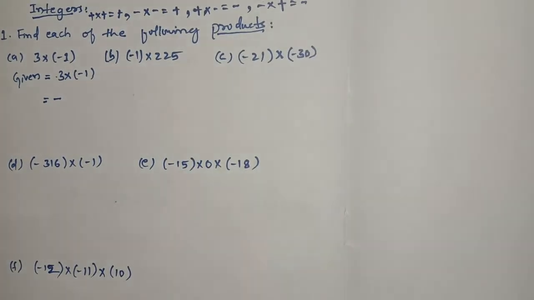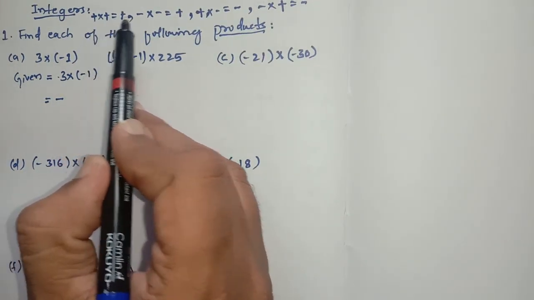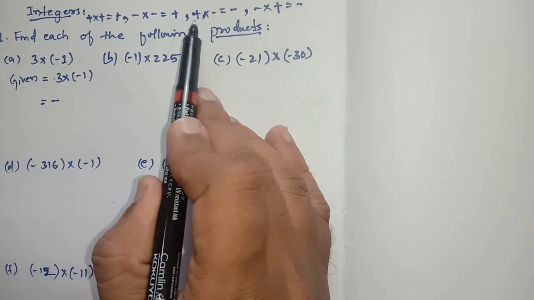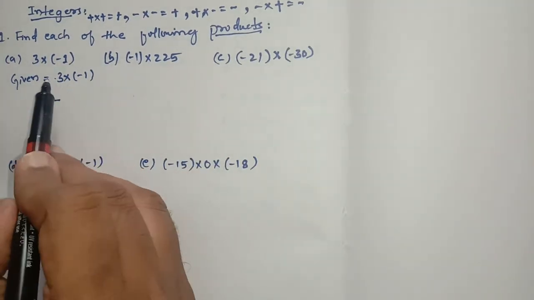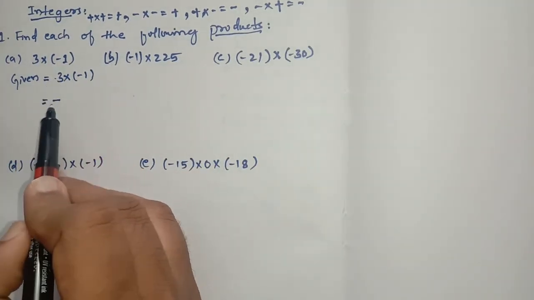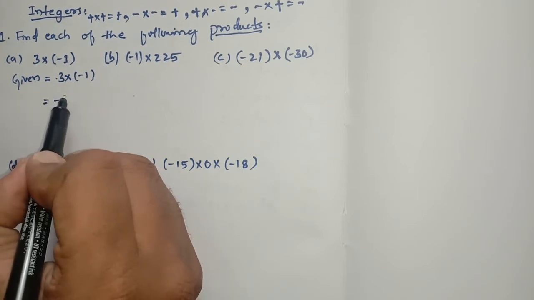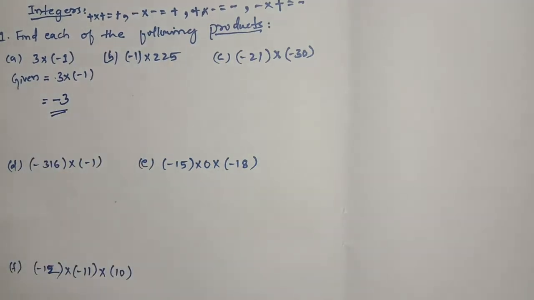Keep in mind, students, this is important. Multiplication of same sign is plus and multiplication of different sign is minus. First, plus into minus is minus. 3 into 1 is 3. This is our answer, minus 3.